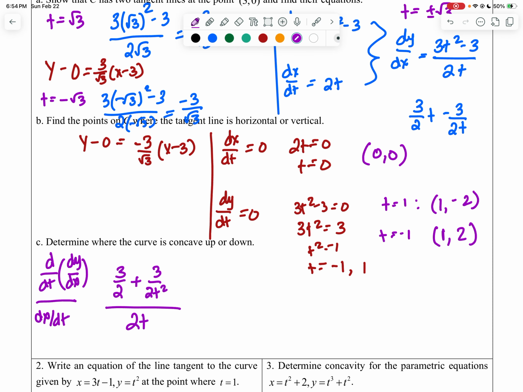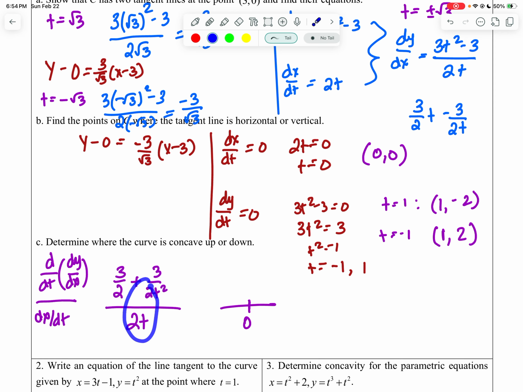All right. So remember that for concavity, I'm looking at when my second derivative is 0 or undefined. So in this case, that's just going to be 0. If I look at this and I make a sign chart and I plug in, let's say, -1, this right here is going to be 3/2. This is 3/2, so this is positive. -1 here would be -2.